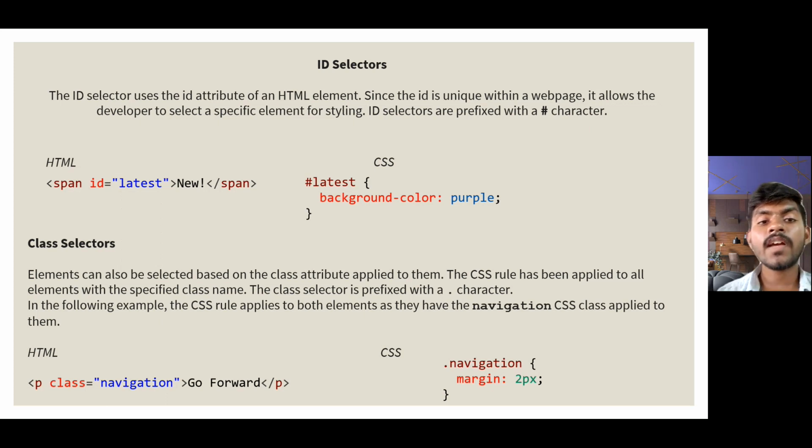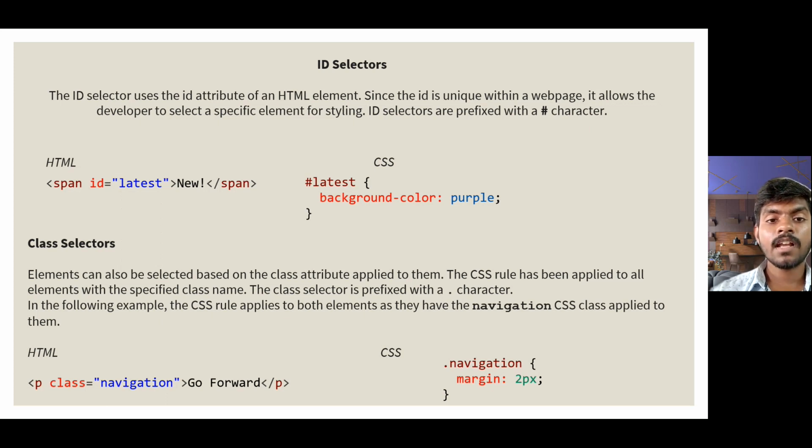Here we have given the span element an ID, latest, and we used the latest ID with a hash symbol before it and opened the brackets. We used the background-color property and gave it the value purple, followed by a semicolon and closed with a closing curly brace.